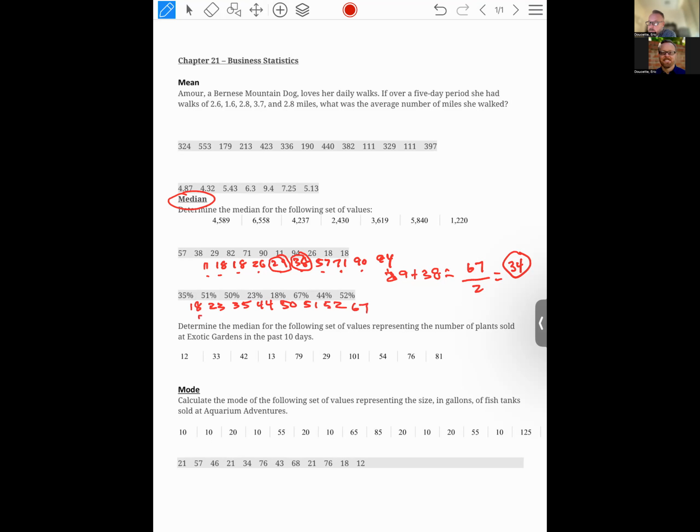So there's our numbers: 1, 2, 3, 4, 5, 6, 7, 8. So again, we have 2 in the middle. We have 44 and 50 in the middle. So 44 plus 50 equals 94 divided by 2.